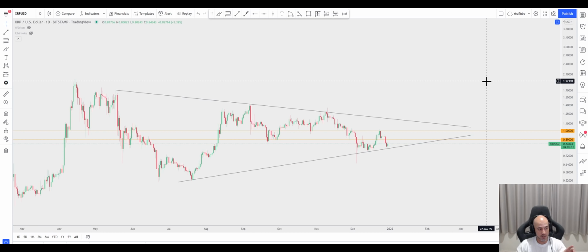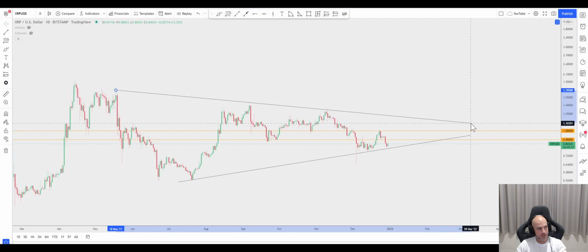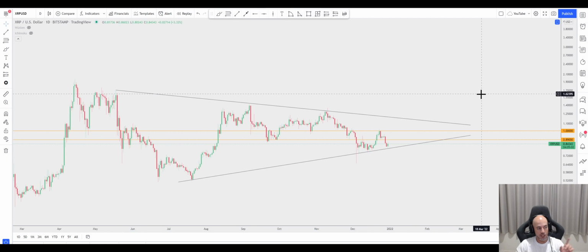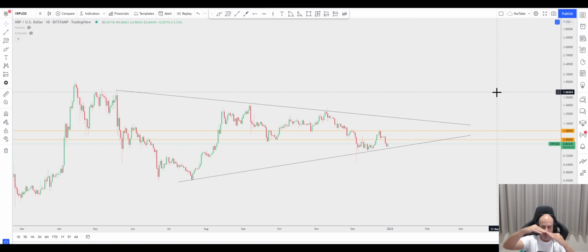What is the difference? This one is more aggressive than the other one. The other one is not so aggressive because it stays close to, it is not flat, but it is not so angled, or how can I say, the higher lows are not so aggressive like this.